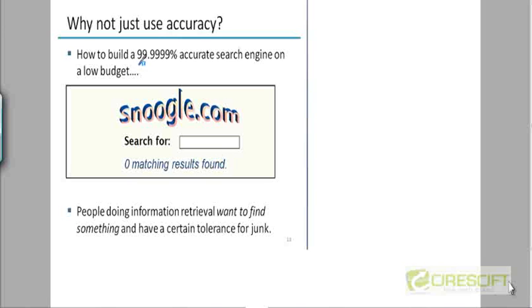So this is a 99.999% accurate search engine on a low budget. This is all that you have to design. Why does this have 99.9999% accuracy? Because it's deciding for every query that every document is not relevant.